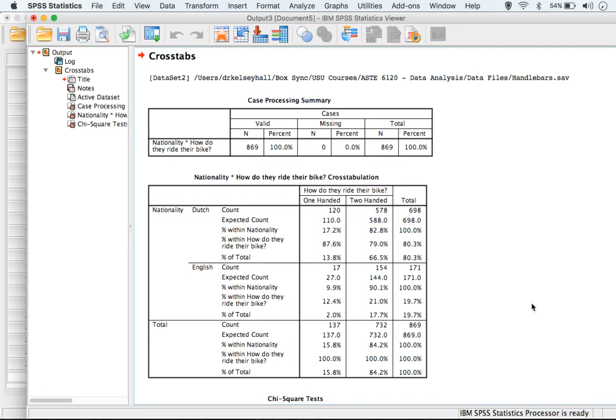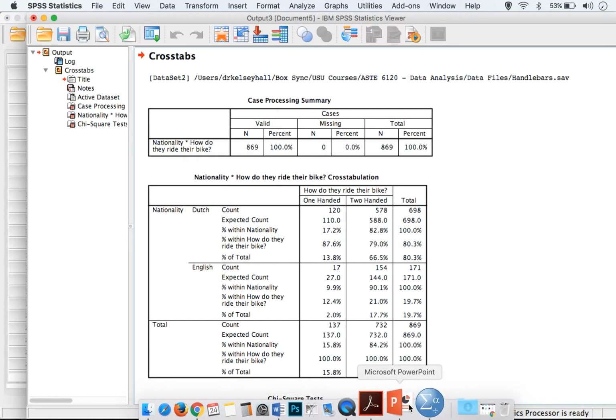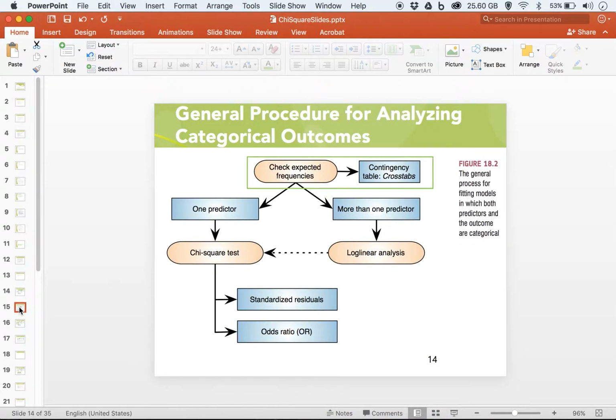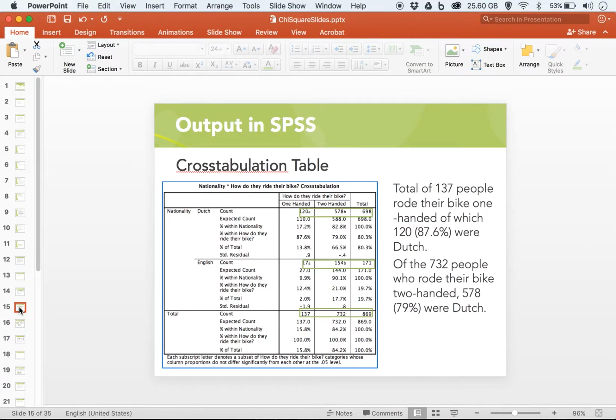Here's a simple way to look at the data. What I have right now is a cross tabulation table that's produced in SPSS. I have put it into this column here, and what we're looking at is our counts.